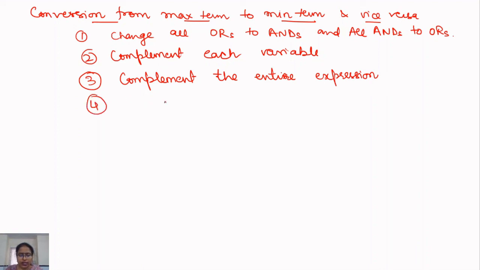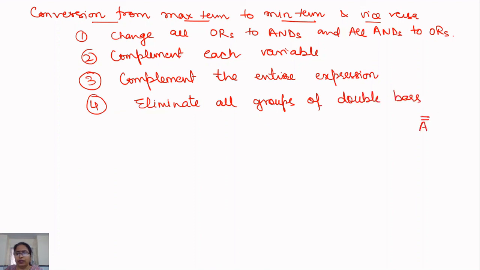Then the last one is eliminate all groups of double bars, because when you complement twice, the original comes back, so you have to eliminate the double bars. So these are the 4 steps you have to follow for the conversion from max term to min term or vice versa.